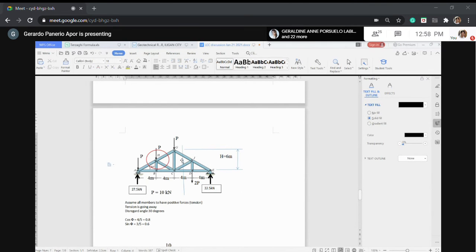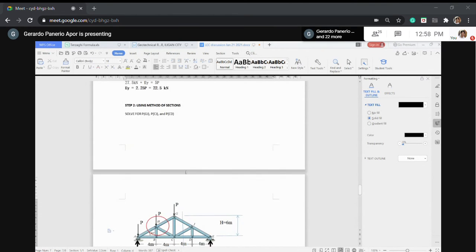The idea is to separate this structure wherein you can present the cut members with an arrow.